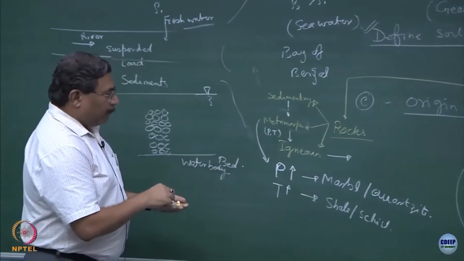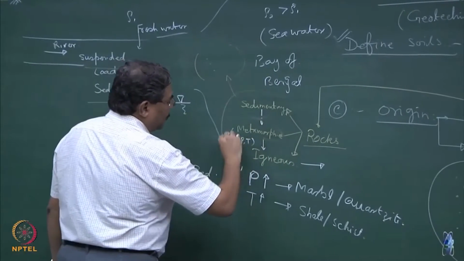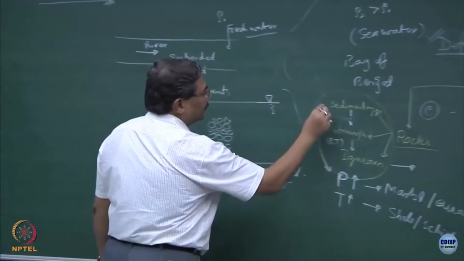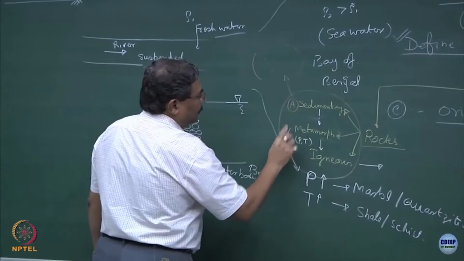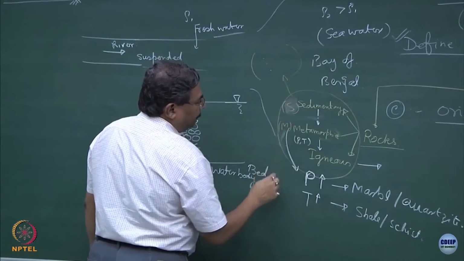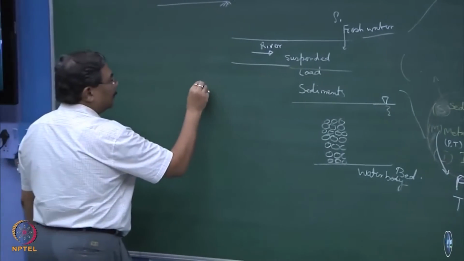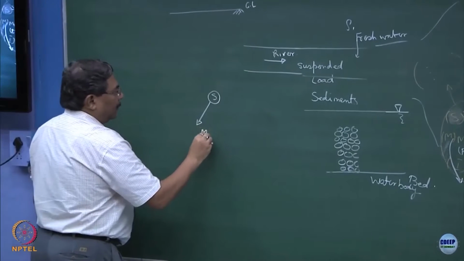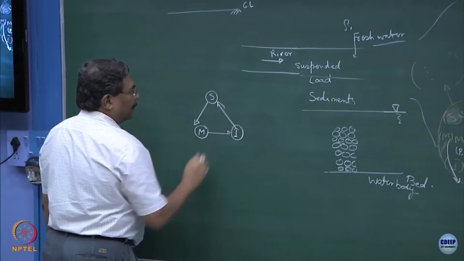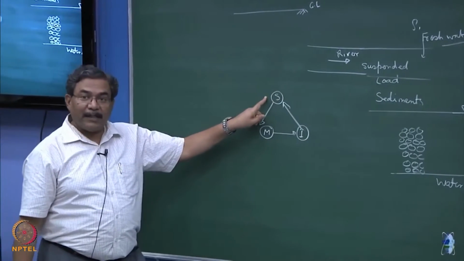Now soil could be formed because of the processes which we have already discussed, out of any of the three. So let us use S, M, I. So you have a triangle: sedimentary to metamorphic to igneous, and further disintegration of igneous might result in the sedimentary also.